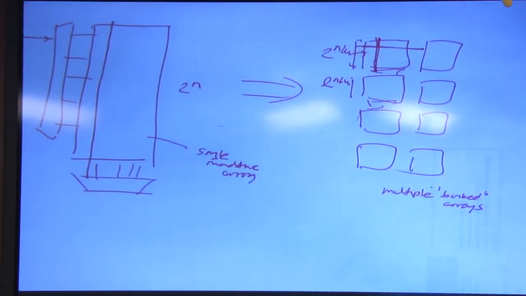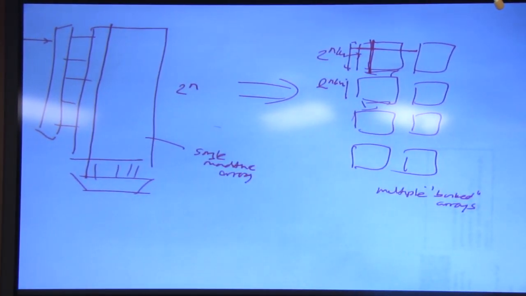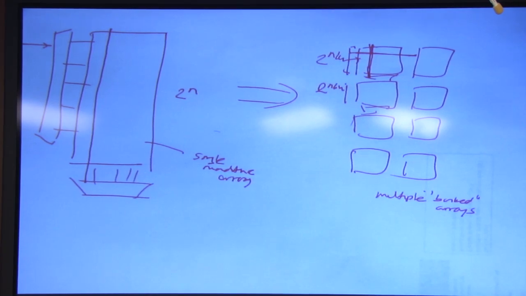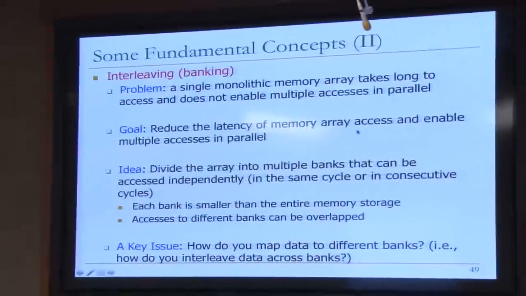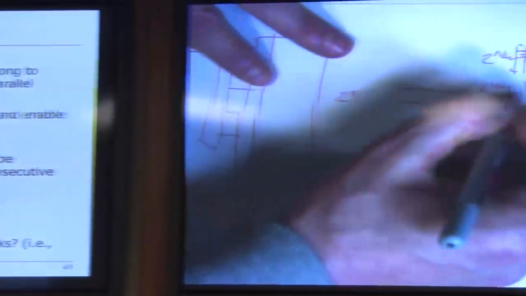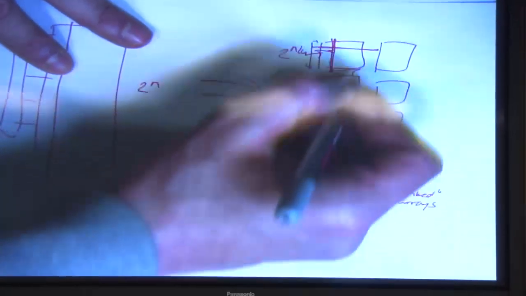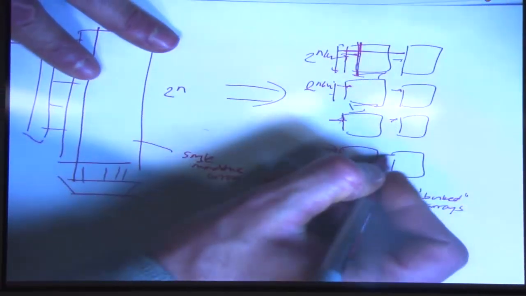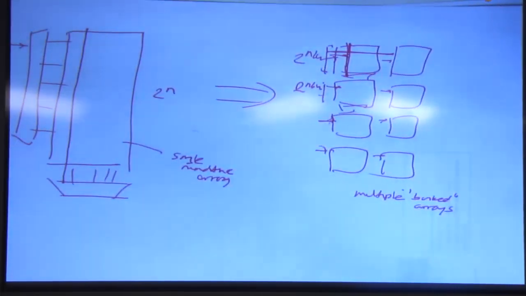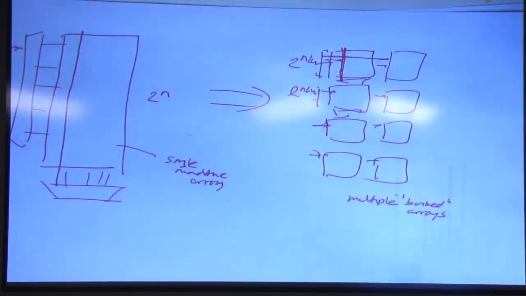That's one other reason for doing interleaving or banking, such that you can reduce the latency of a memory array access. This, at the same time, enables parallel accesses to these smaller arrays. Now you can exploit the parallelism, because you actually have separate decoders, hopefully. So that's the idea of banking.